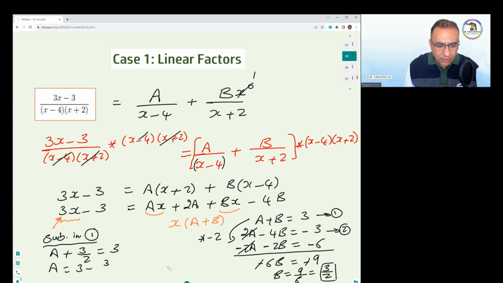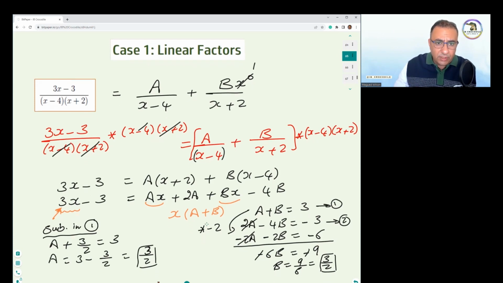So it's going to be 3 minus 3 over 2. 3 over 2 is basically 1.5, so 3 minus 1.5 is also 1.5. So you get a right away, 3 over 2 as well. Makes sense? 3 plus 3, 6 over 2 is 3. So that is a and b.